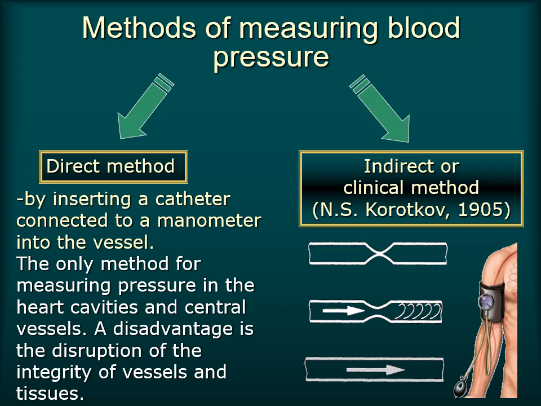The first knock, according to Korotkov, is systolic pressure. The last knock, after which this pulsation disappears, the knocks disappear, is the pressure during diastole. That is, the readings of the pressure gauge in this case show that the laminar flow has been restored.